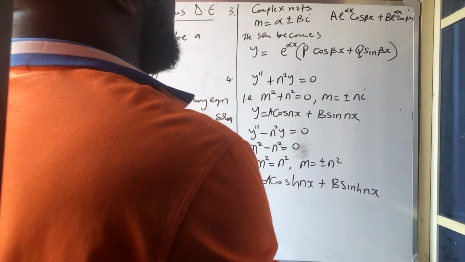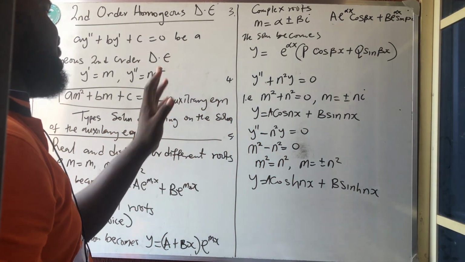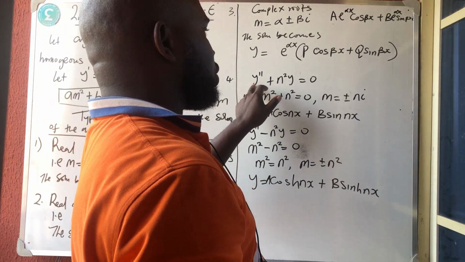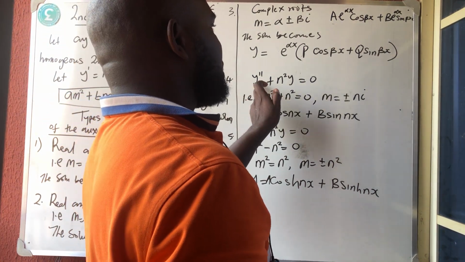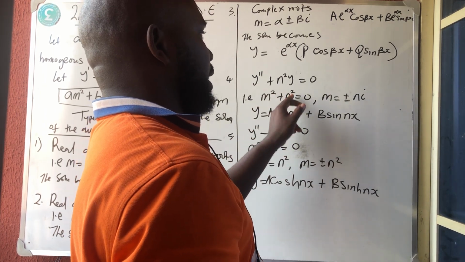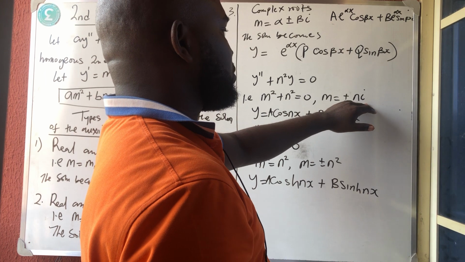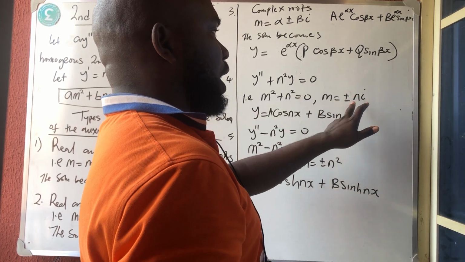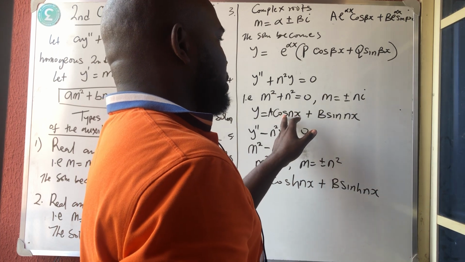So these are the three that are common. Then the last two is when the quadratic equation is not complete, like it is not 3 terms, it's just 2 like this, m squared plus n squared. So if you have a complex root, remember it's going to be cos and sine like this one. There is no real part. You have what?